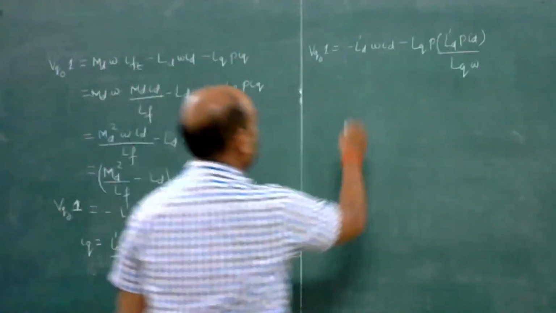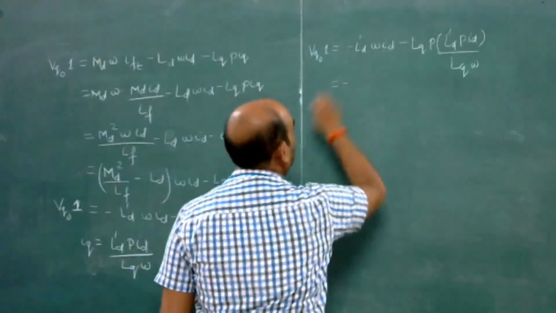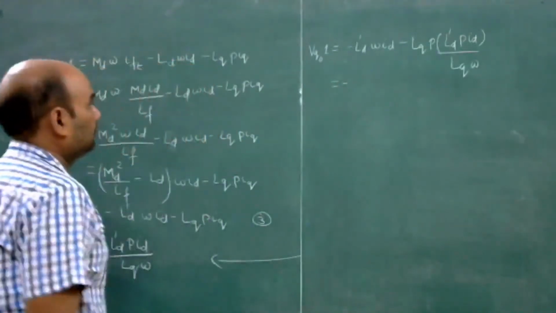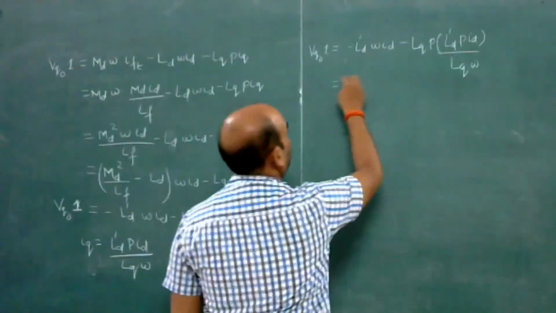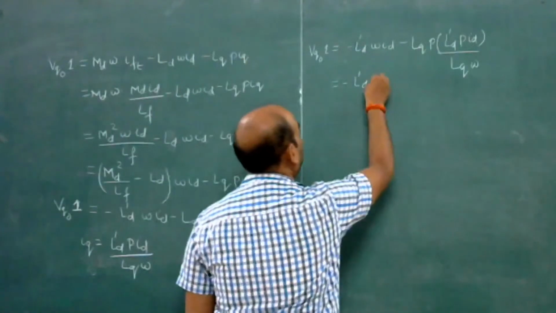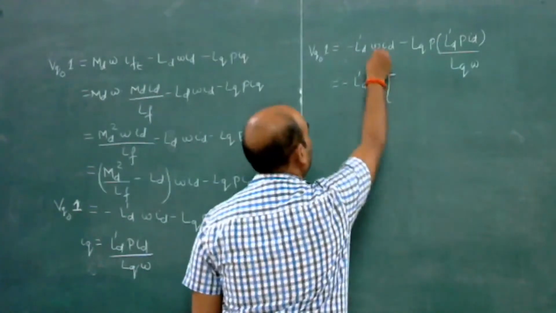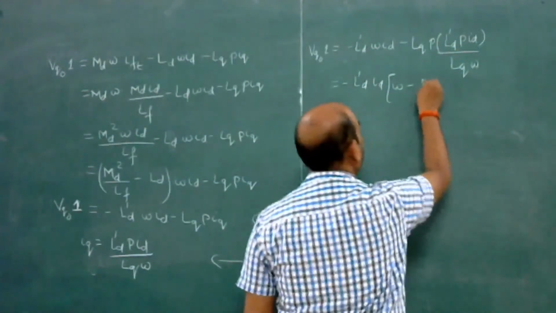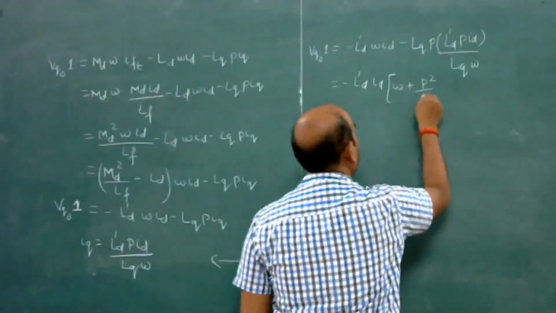You can take ID common, so LD dash and ID taken out. So this will be omega minus T square plus omega.